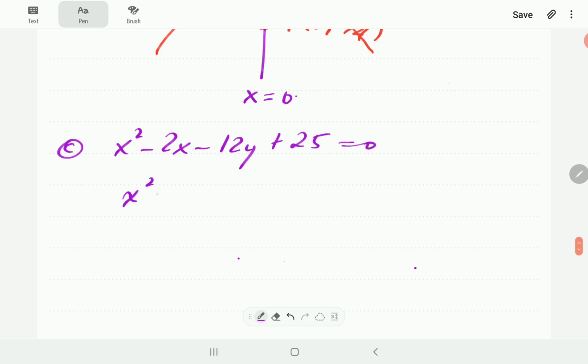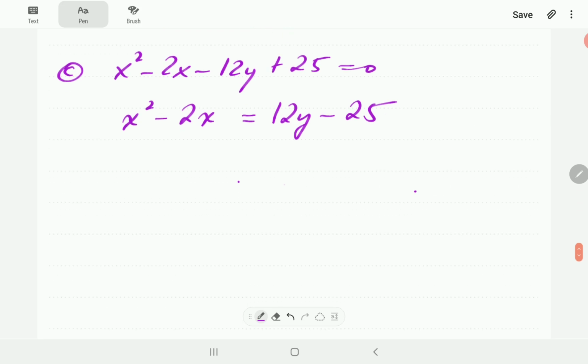So we're going to write this as x squared minus 2x is equal to 12y minus 25. And then we're going to start by completing the square on the left hand side.